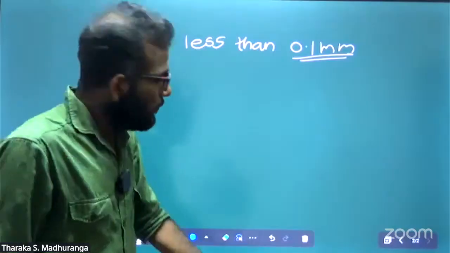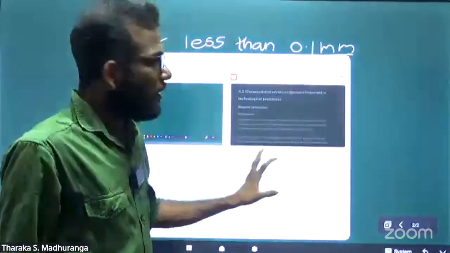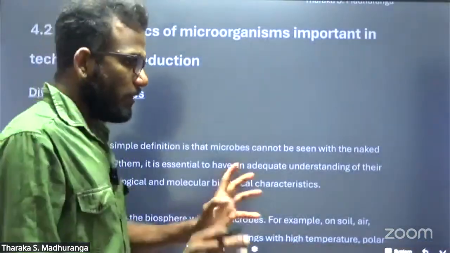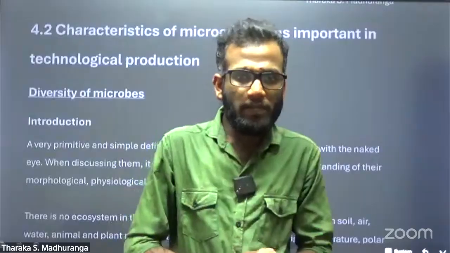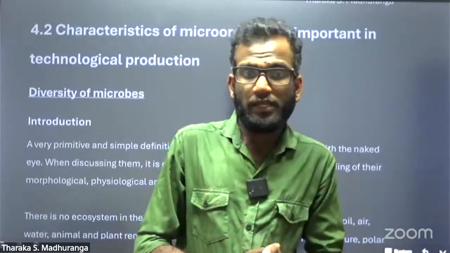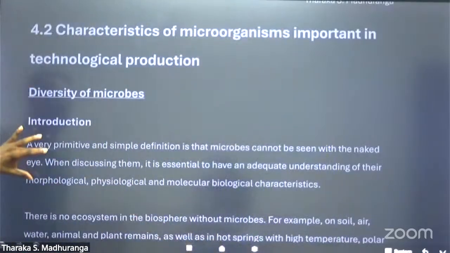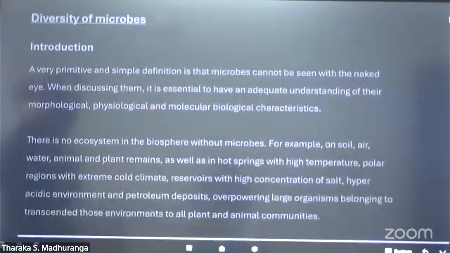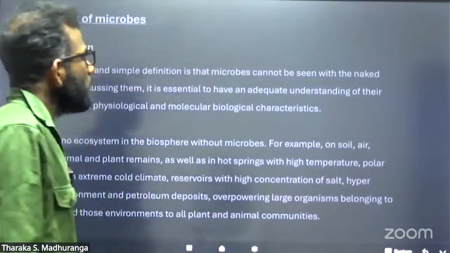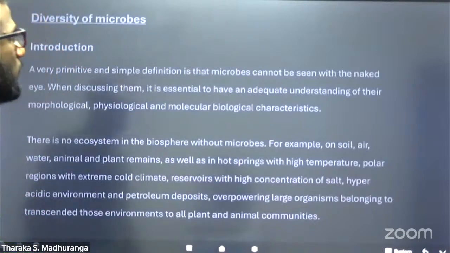That's the definition of microorganisms. These 2 points you can mention as the definition: organisms less than 0.1 millimeter diameter and can't be seen with the naked eye. A very primitive and simple definition is that microorganisms cannot be seen with the naked eye.